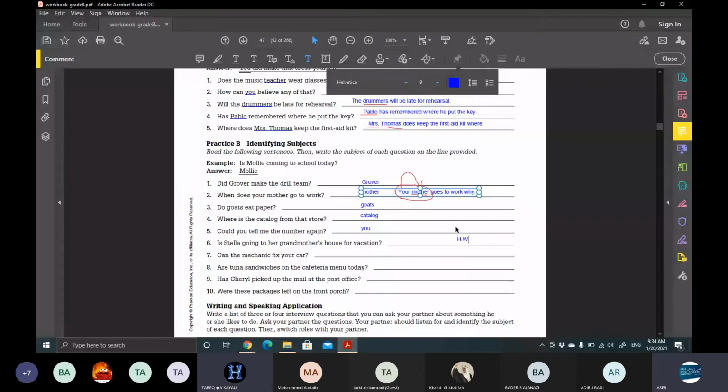In the middle, it will be an object, not a subject. Like number 6: is Stella going to her grandmother's house for vacation? Is house a subject? No. In order to turn that into a sentence, we say Stella is going to her grandmother's house. So Stella is the subject and the house is the object. You only have one subject.